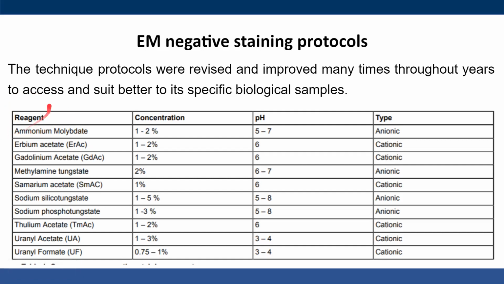We can use different heavy metals with different concentrations and pHs and different charges, anionic and cationic. So depending on the type of material you're trying to look at, you have to study what type of reagent and what type of heavy metal salts you're going to need to use, and what concentration and pH suits better.